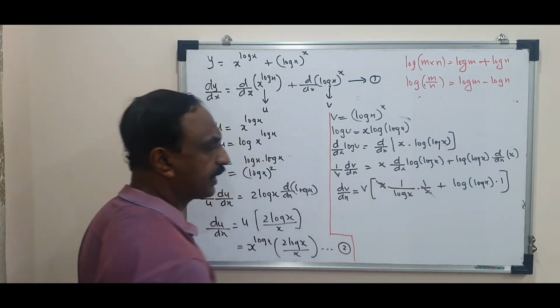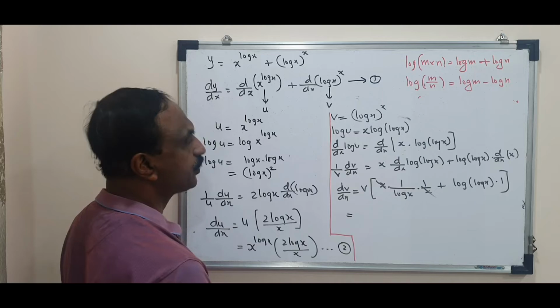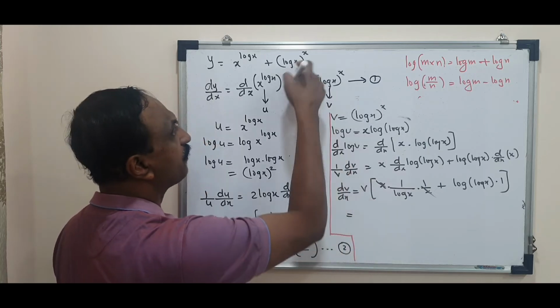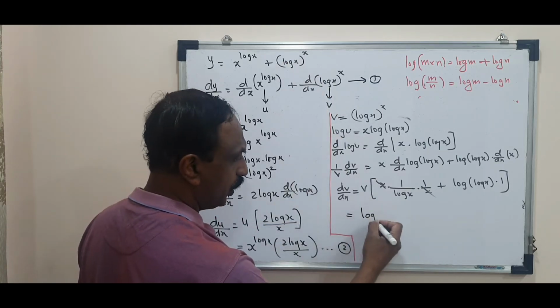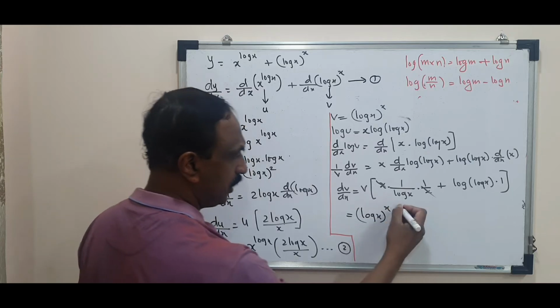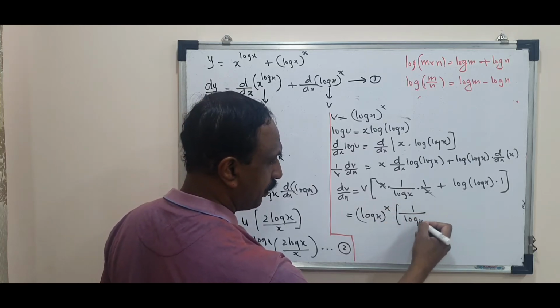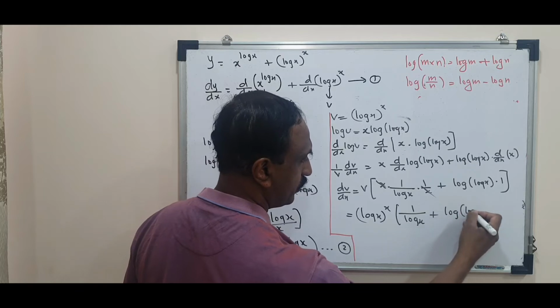This x and this x will get cancelled. So dv by dx will be v, I'm replacing v by log x raised to x. So log x raised to x into 1 by log x plus log of log x.